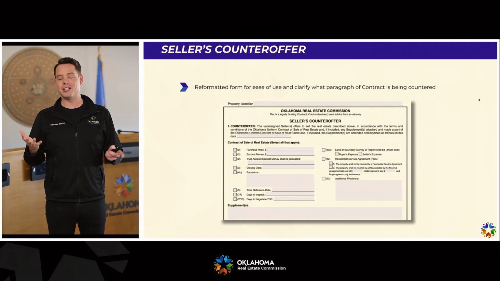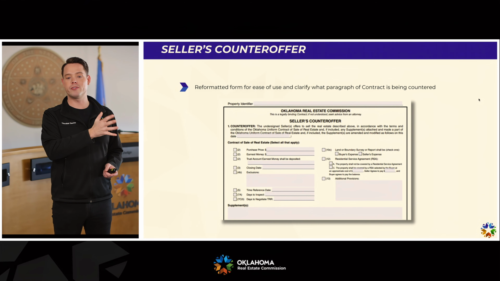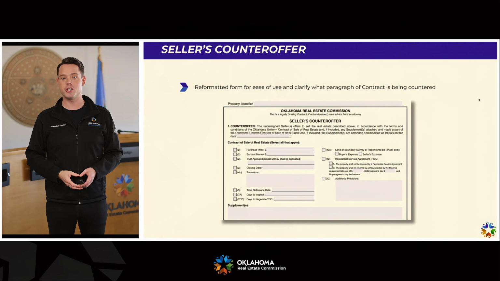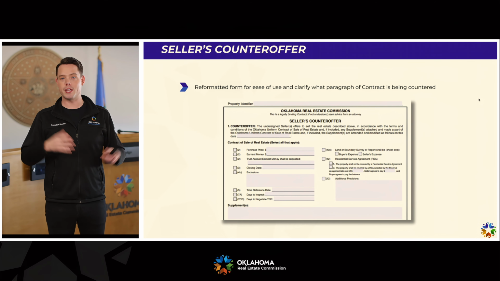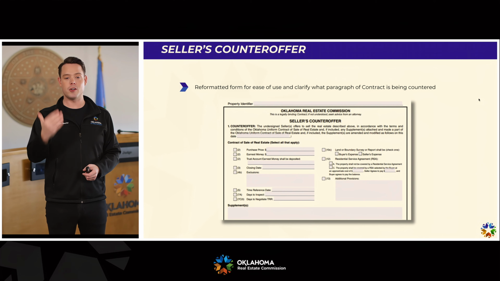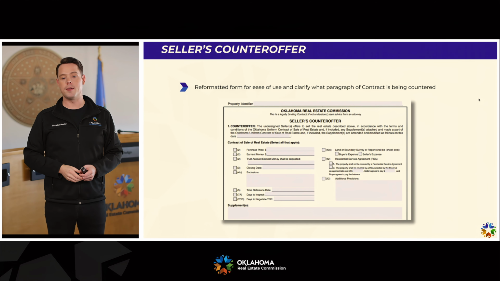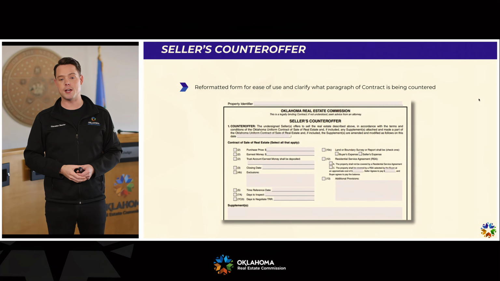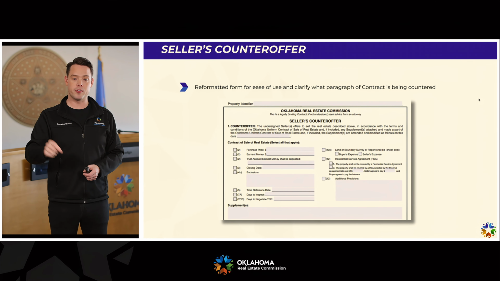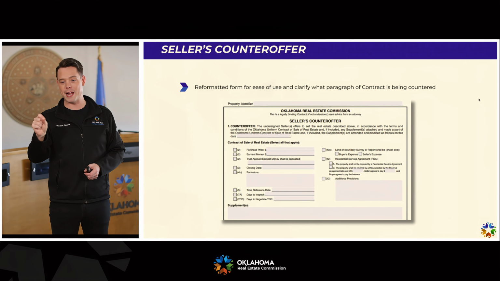We would see a lot of times where people would just write in something and make no reference to the portion of the contract that was being changed and modified. And so that's already not going along with what the contract said. Now you don't have to worry about that. There are paragraph references to the contract of sale, and you can select all that apply. You have the additional provisions box on the right side of the form.